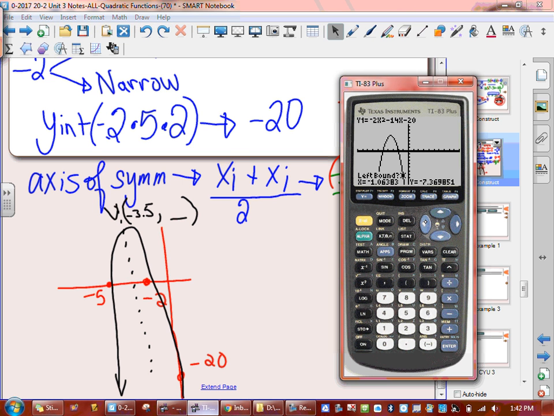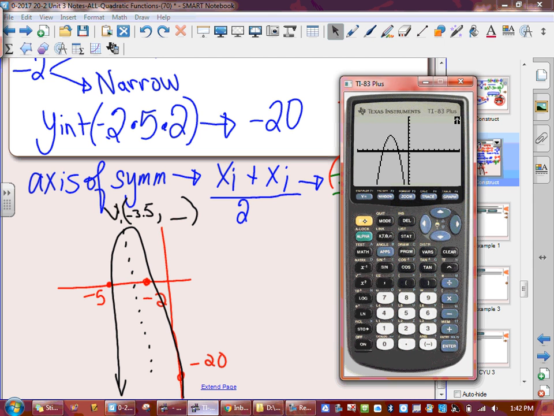So I need to be to the left of the highest point, always left. Then I need to be to the right of the highest point. Enter. Oh, hang on, I've got to start over. Second trace, number 4. So left of the highest, enter. Now you go to the right of the highest point, enter 2 times.